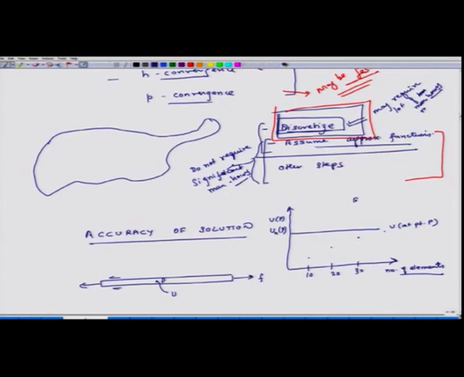Whatever points are there, they represent values of UH at P, that is, they represent the FEA solutions when the number of elements was 10, when it was 20, when it was 30, when it was 40, and so on and so forth. Now you will see that I have drawn all these values below this u line, below the theoretical line.